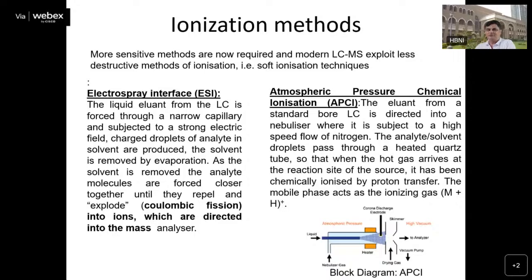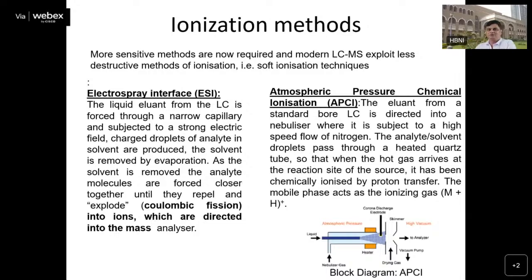In the electrospray interface, the liquid coming out from the chromatography is forced through a narrow capillary and subjected to a strong electric field. Charged droplets of analyte in solvent are produced, and the solvent is removed by evaporation.